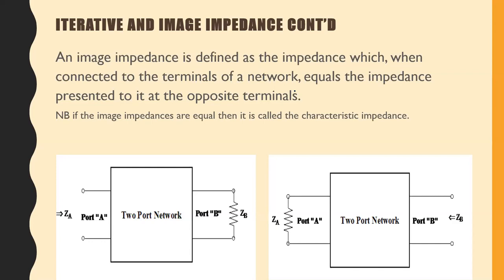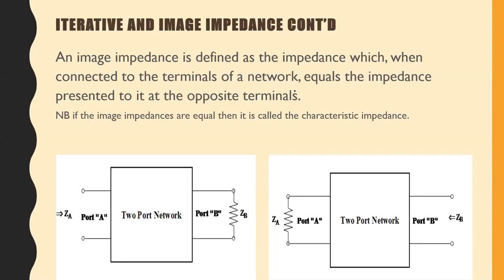All right, so try and note the difference between what we just described for the iterative impedance and what we are looking at here for the image impedance.